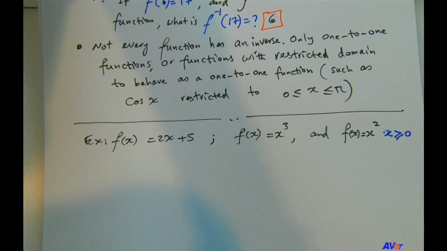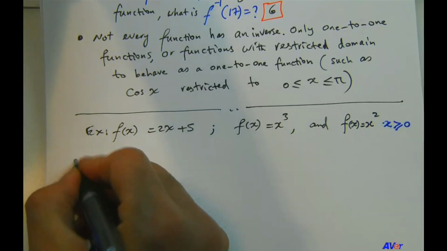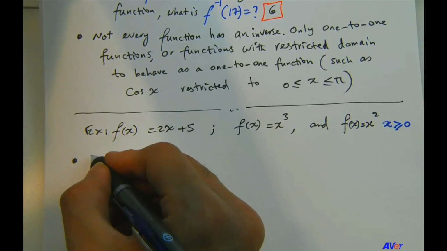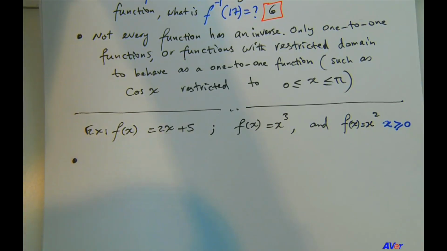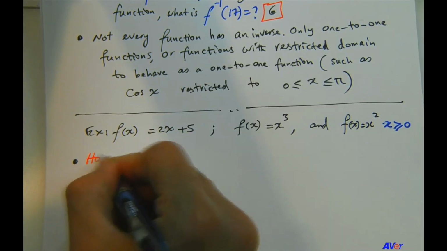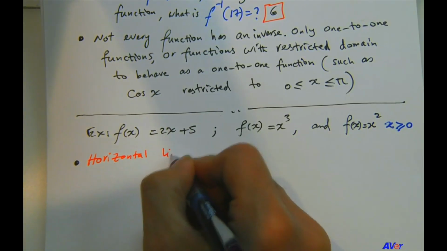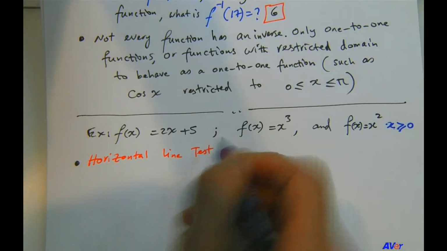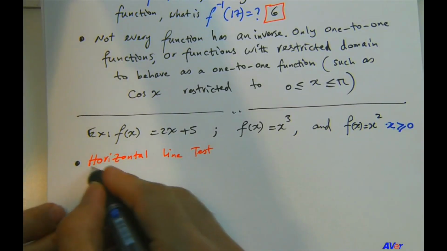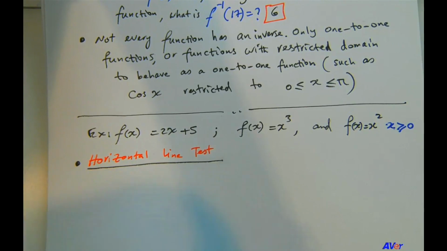The other thing that we should remember from previous courses is the horizontal line test. Remember that? The horizontal line test is where we draw a horizontal line through the graph of some expression.